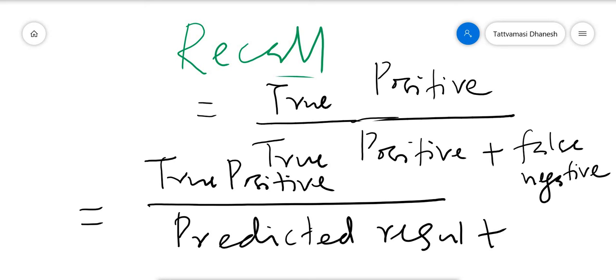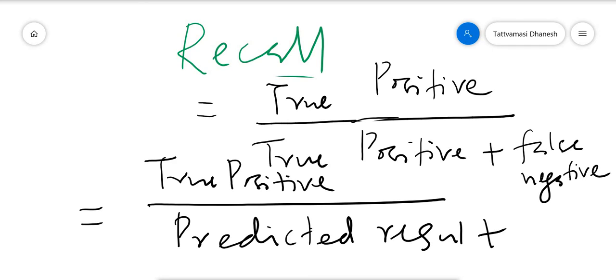Correct? So this is the formula for recall. So what does recall mean? What proportion of actual positives was identified correctly? That's what recall gives. So you understood about precision and recall.